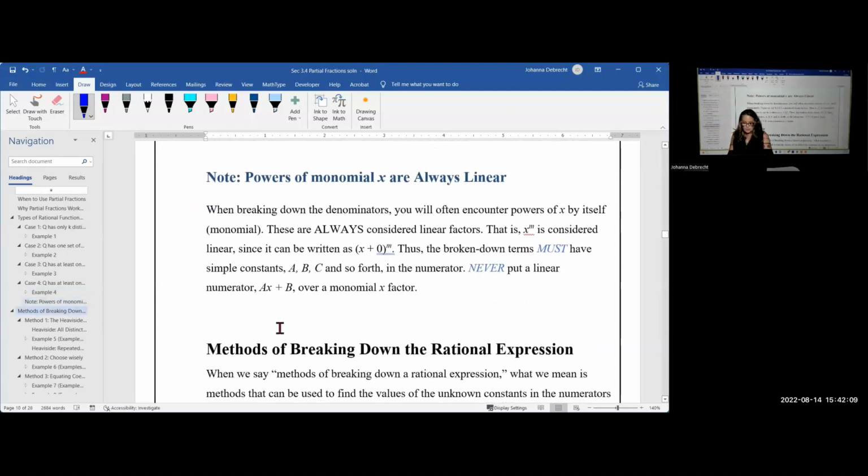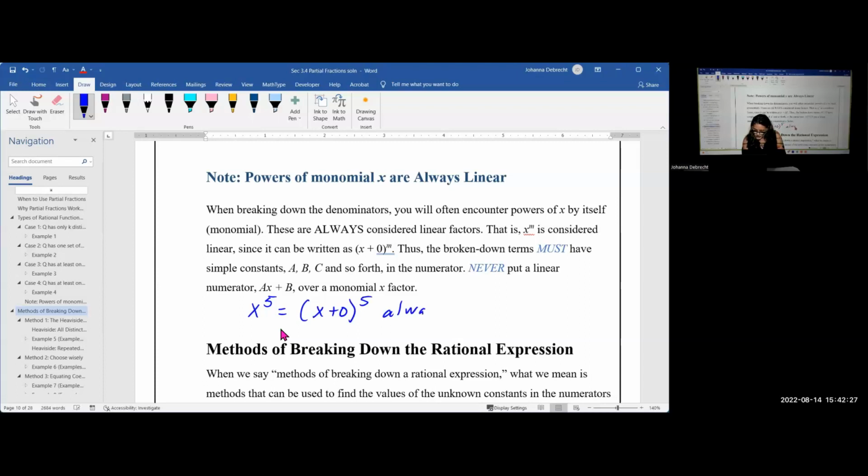Now, I want you to keep in mind that powers of x are always considered to be linear. They're never considered to be quadratic or anything else. They're always linear. So if you have something like x to the fifth, we're going to think of this as x plus 0 to the fifth.